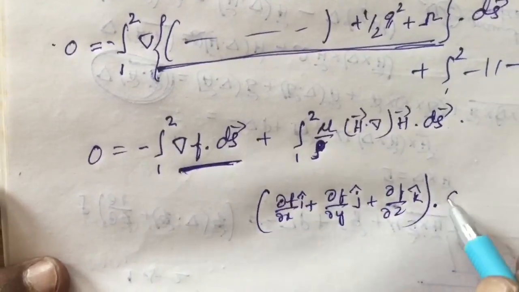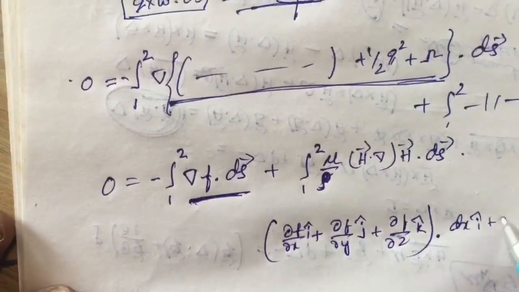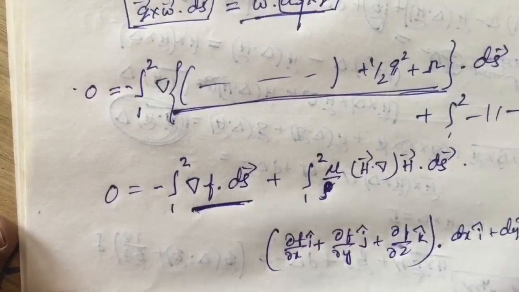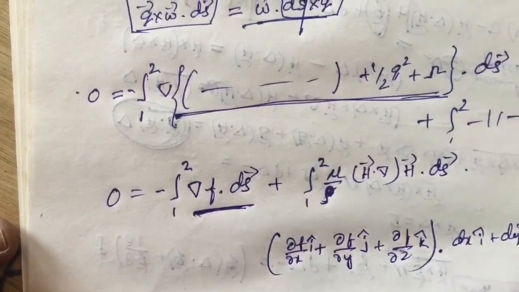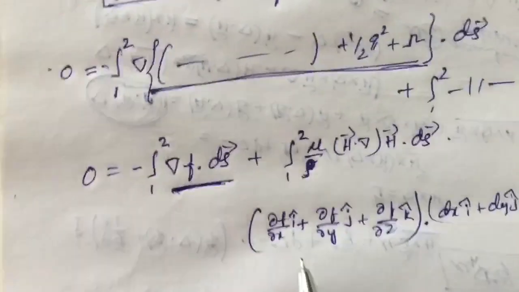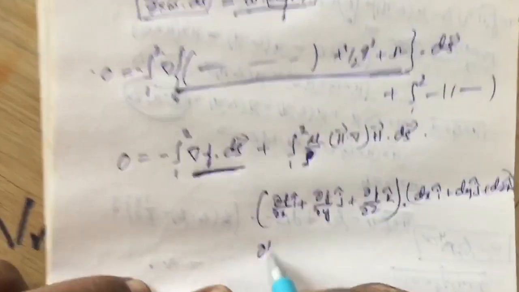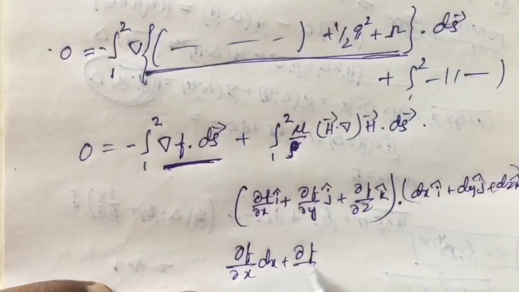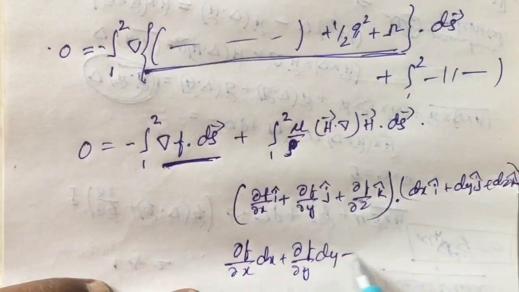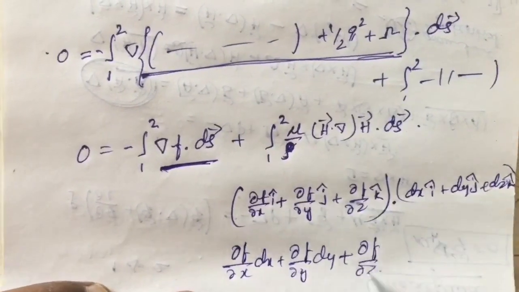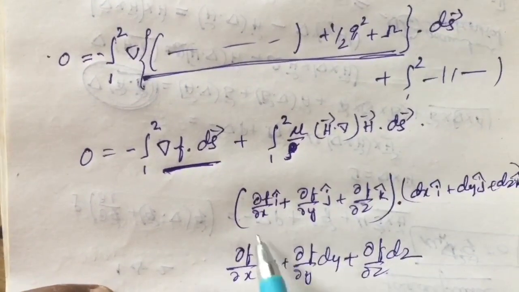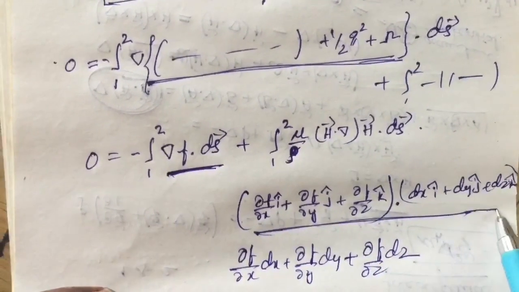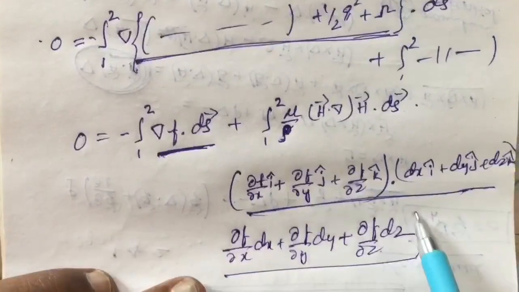Dot ds means dx into i plus dy into j plus dz into k. By taking the dot product you are going to get del f by del x into dx plus del f by del y into dy plus del f by del z into dz.